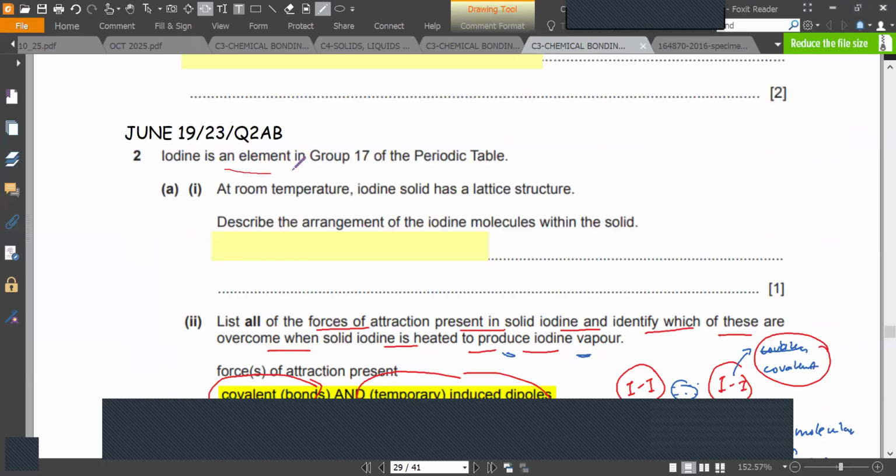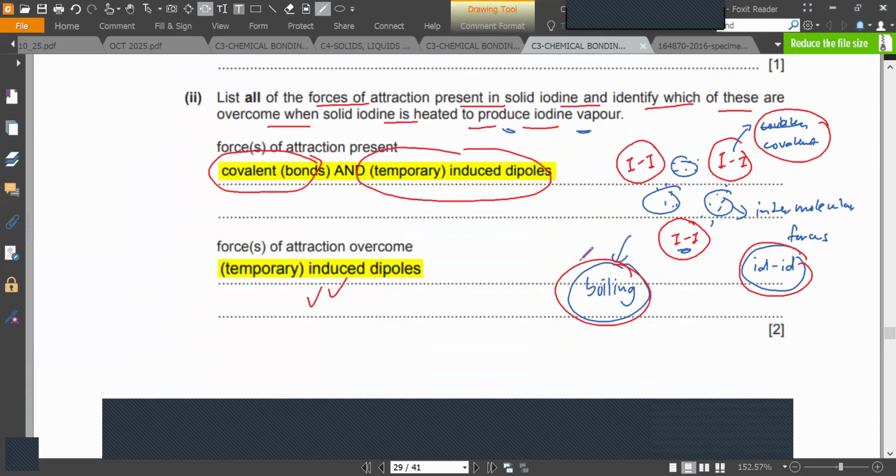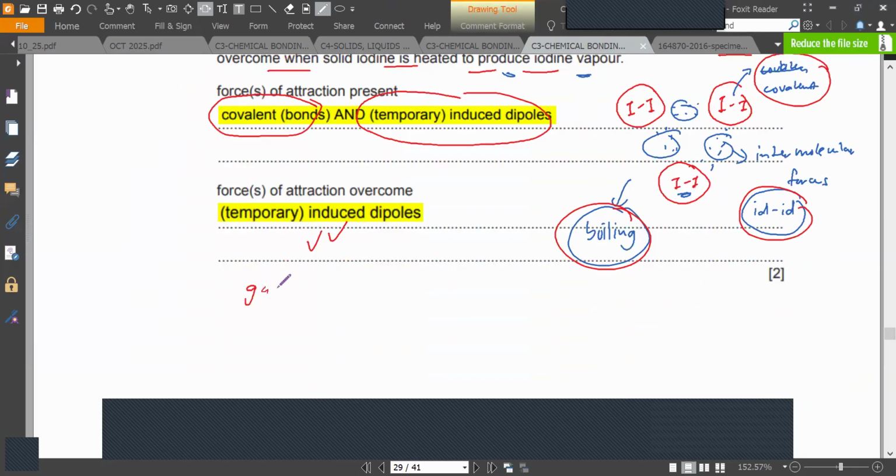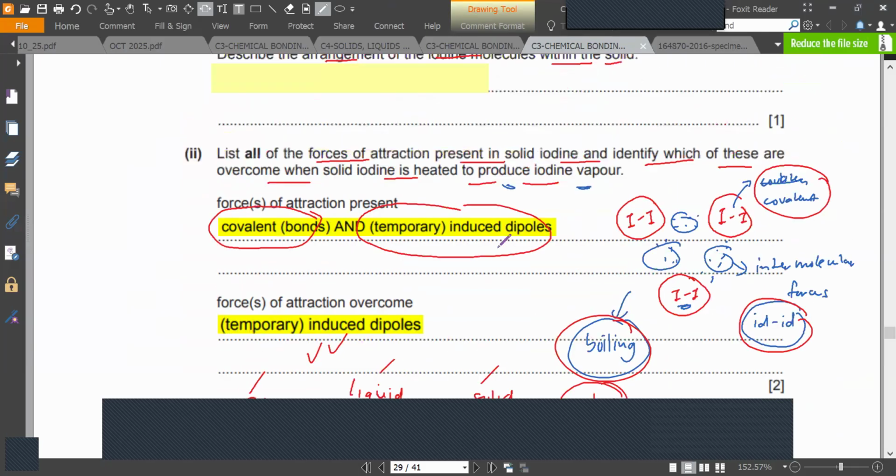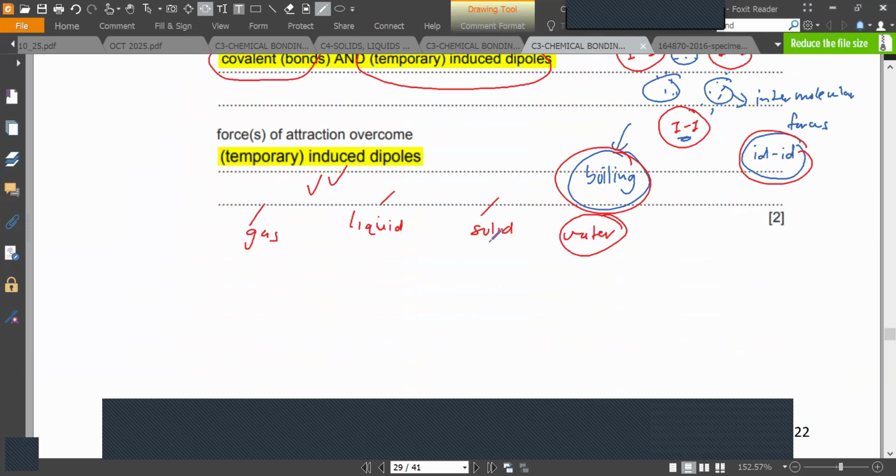Iodine is an element in group 17 in the periodic table. At room temperature, iodine solid has a lattice structure. Describe the arrangement of the iodine molecules within the solid. Iodine can be present as gas, liquid, and solid, kind of like water.